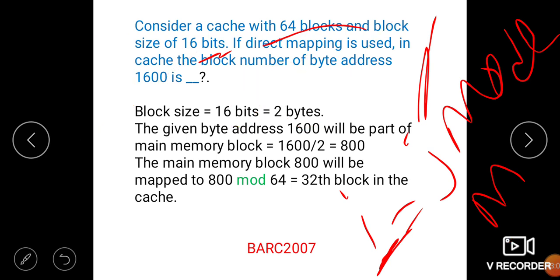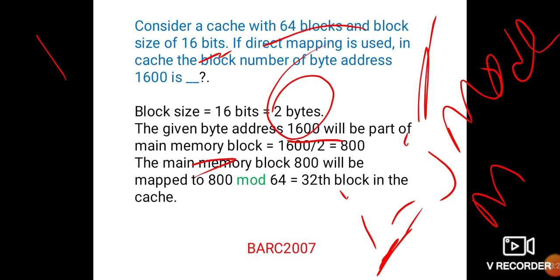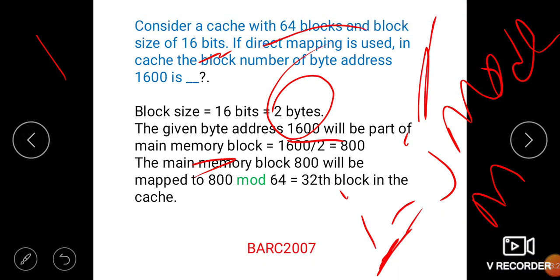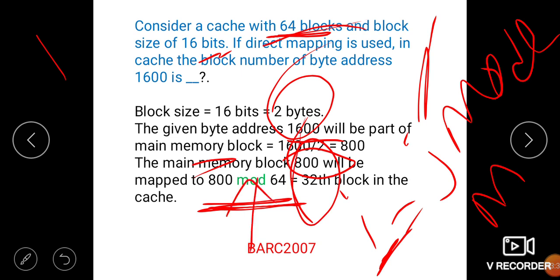Then the given byte address is 1600, which is part of a main memory block. So divide this total memory by the block size, and we get 800. Now this 800 we have to put in the 64 blocks. So 800 mod 64 we get 32. Mod means remainder, it gives the remainder.